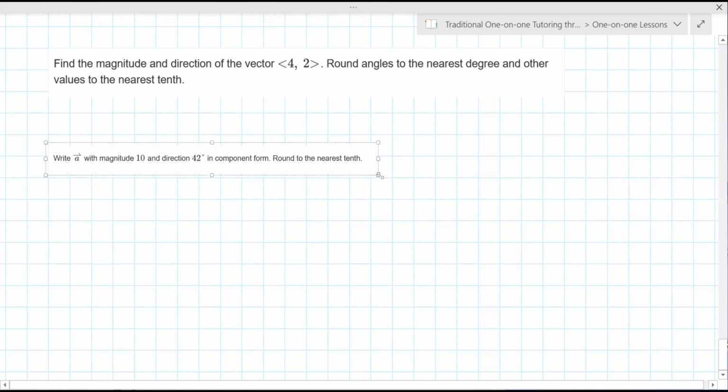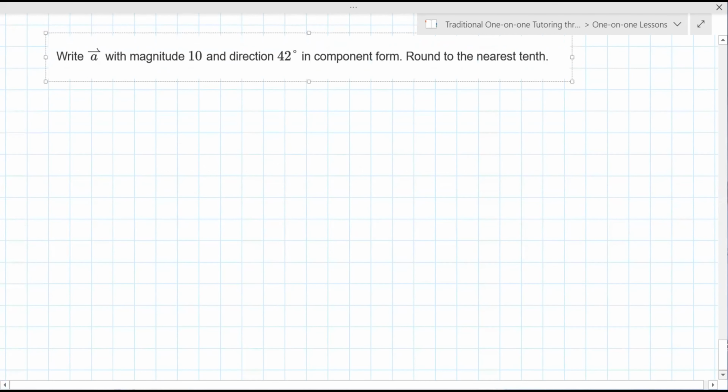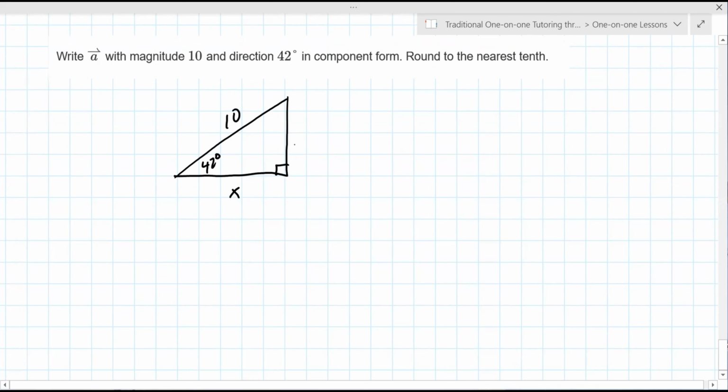All right, write A with magnitude 10 and direction 42. I'm going to label the triangle. We actually already did this problem today, but 10 is the hypotenuse and 42 is this. We want X and Y. You're going to have to use sine and cosine here to find them. Okay, so the cosine of 42, what does that equal? What over what?